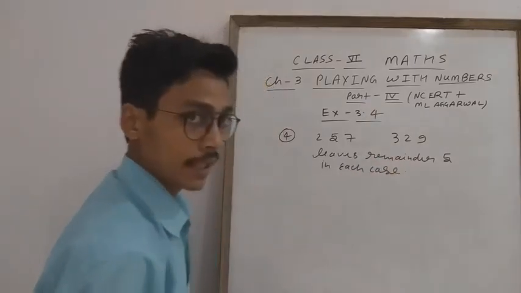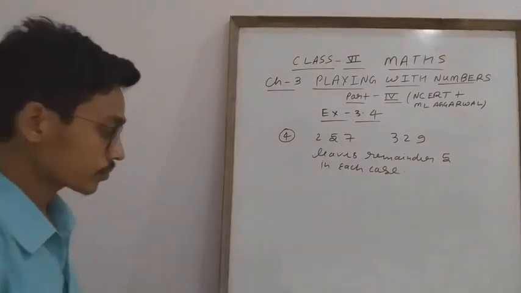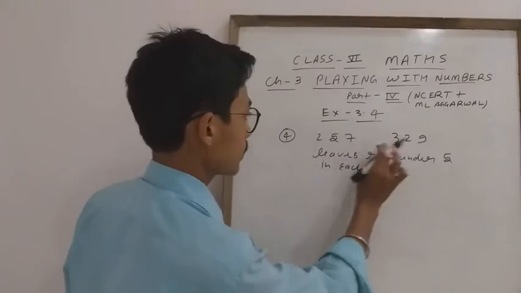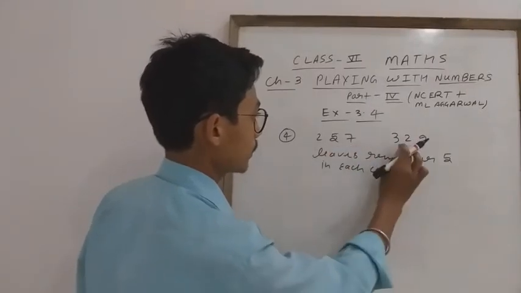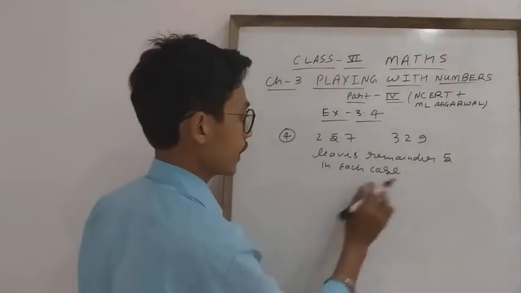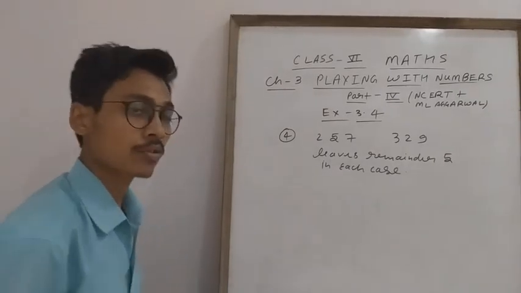Clear, students? In this question you have to find the greatest number which divides 257 and 329 and leaves remainder 5 in each case. So how will you find it?